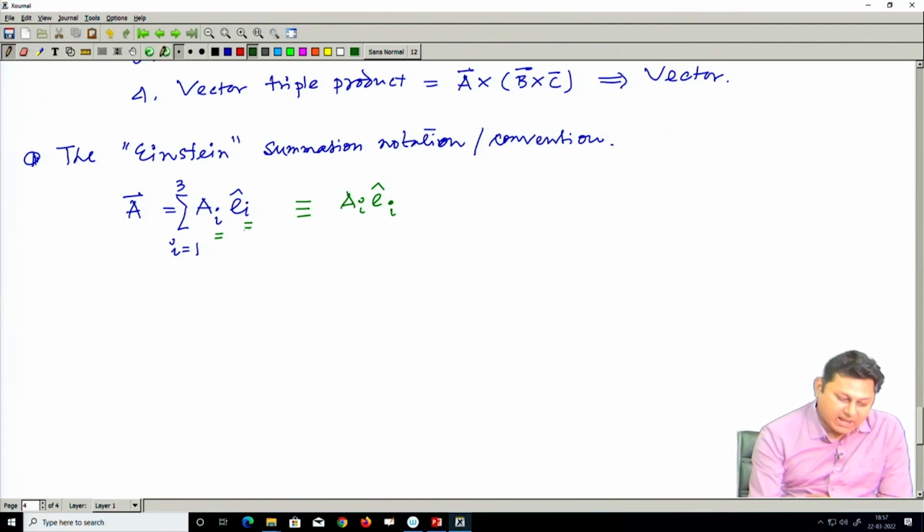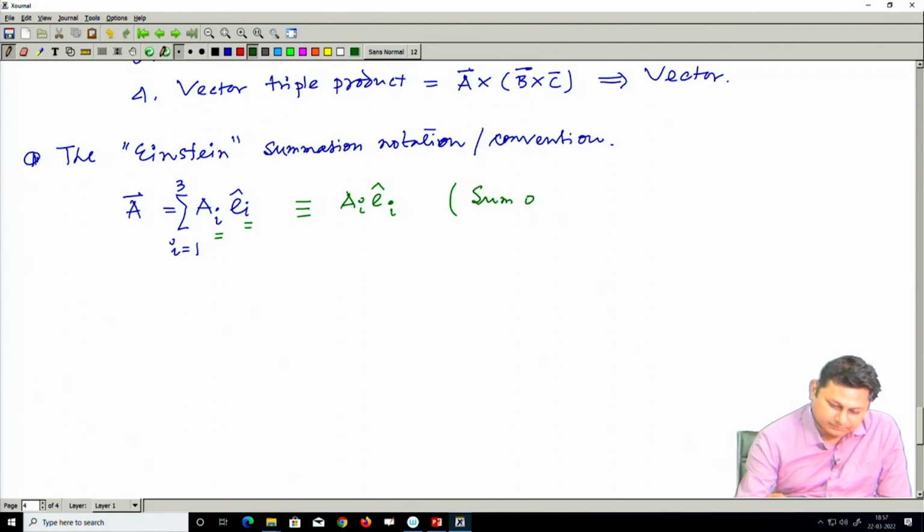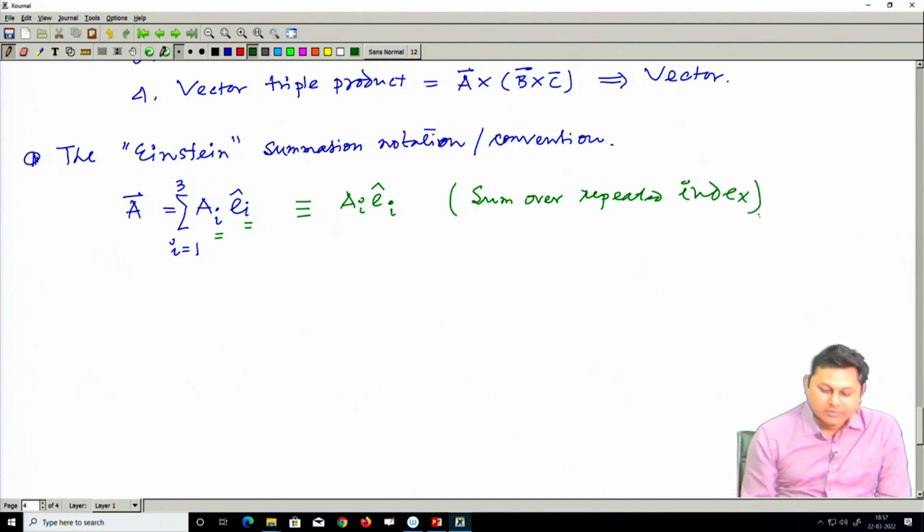You can do that when you have repeated indices; here i and i both are there. That means it is a sum over the repeated index. If I write this, a sum is already implied, and I am just omitting the summation sign because the index is repeated.